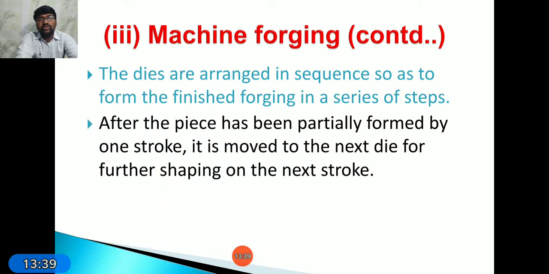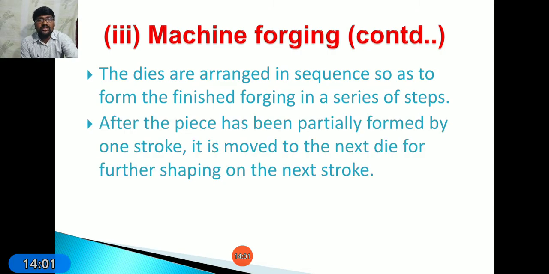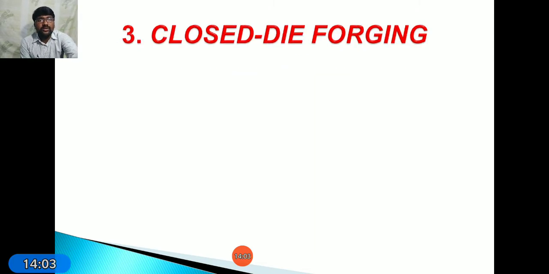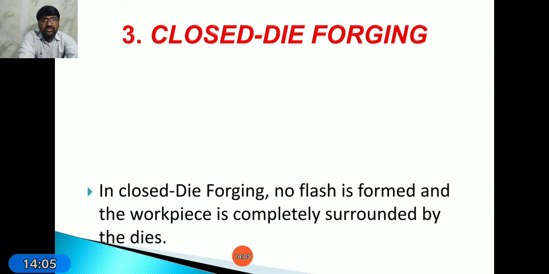We complete one process on the workpiece in one machine, then continue the same workpiece into the next machine, arranged like that in a series of mechanical presses. After the piece has been partially formed by one stroke, it is moved to the next die for further shaping by the next stroke. Okay, coming to the closed die forging process.